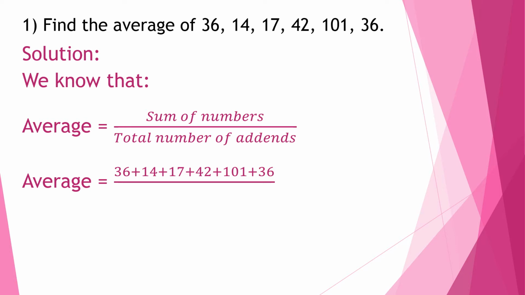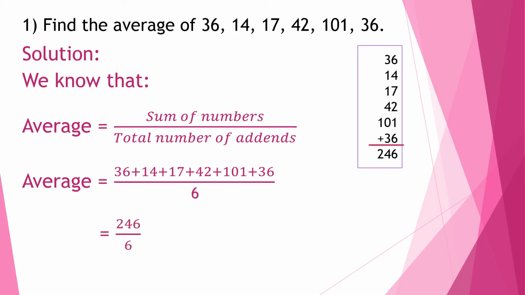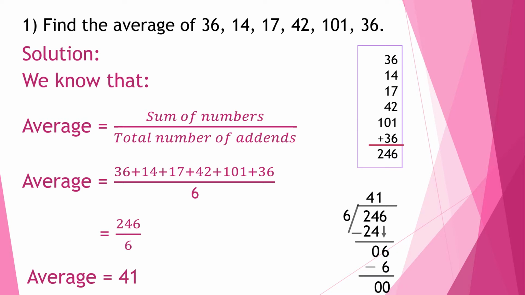Then count the total number of addends, which is 1, 2, 3, 4, 5 and 6. So divide by 6. Now find the sum of all the given numbers, which is 246, and divide by 6. If we divide 246 by 6, we get 41 as average. So average is equal to 41.